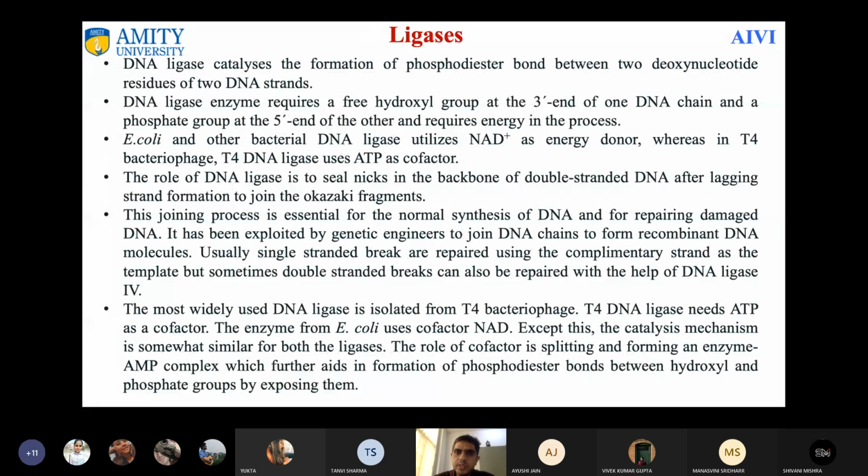Why are we using prime over this 3? Can anybody tell me why we are using this term prime? Anyone? Manishwini? I don't know the answer.